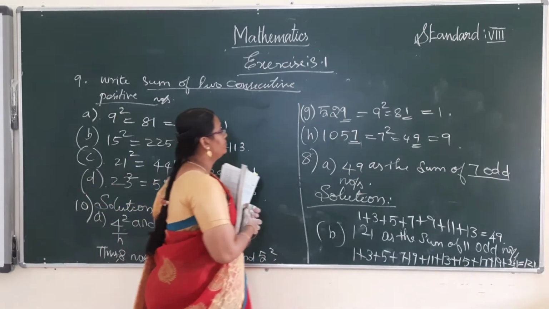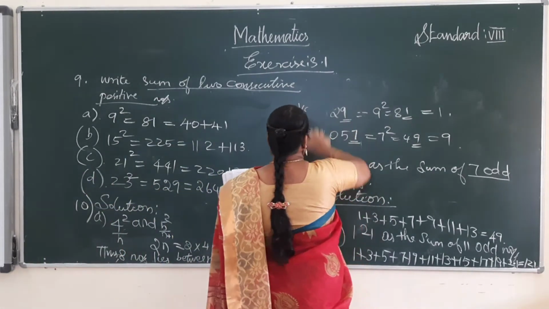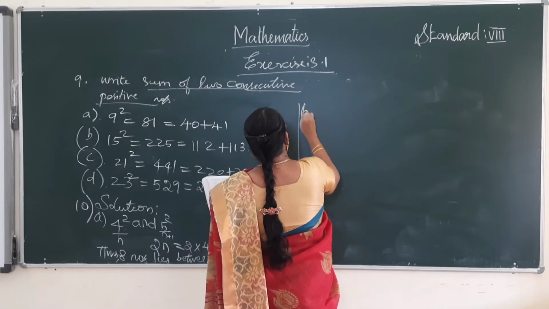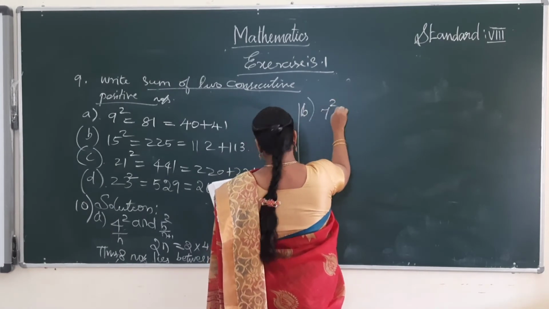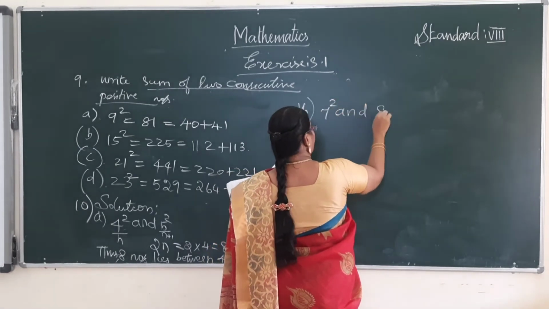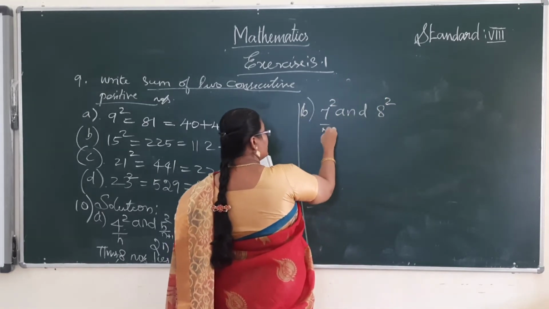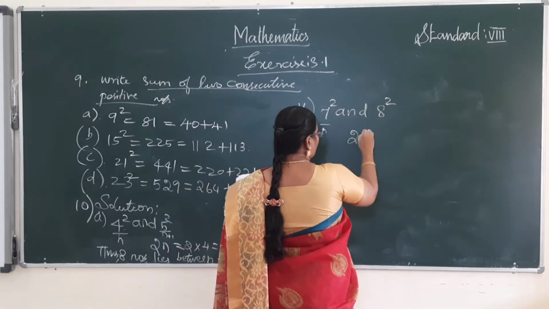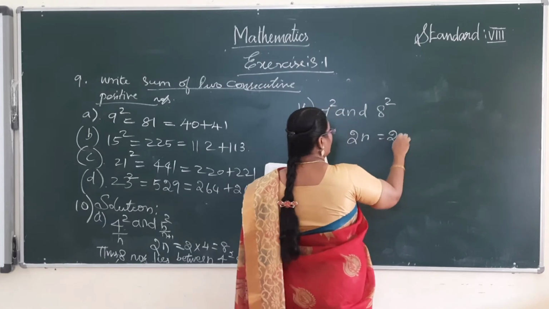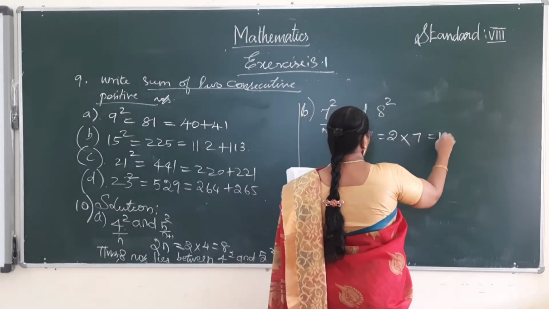Okay, and B, 7 square and 8 square. Here n value is 7. So the formula is 2n, which is 2 into 7, 14.